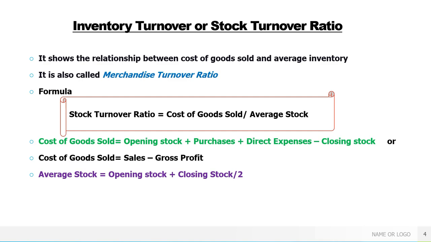Also, we can calculate cost of goods sold by deducting the gross profit from the sales. Then the next component is average stock. The average stock is calculated by using opening stock plus closing stock divided by 2.